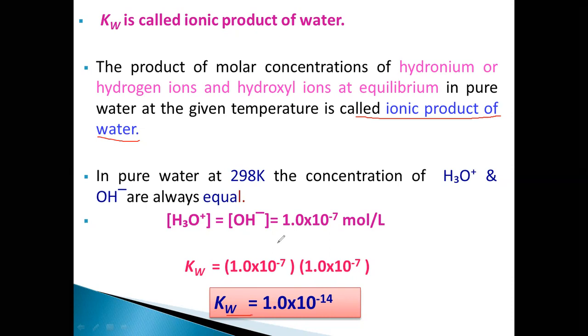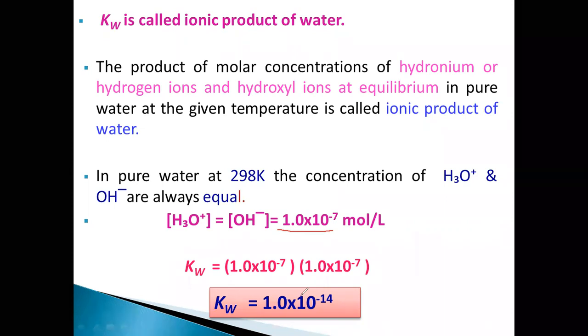As I told you earlier, it is almost 1 into 10 raised to power minus 7 mole per liter. That means 1 liter of water, whenever it undergoes ionization, produces hydronium and hydroxide ions, having the concentration 1 into 10 raised to power minus 7 mole per liter.